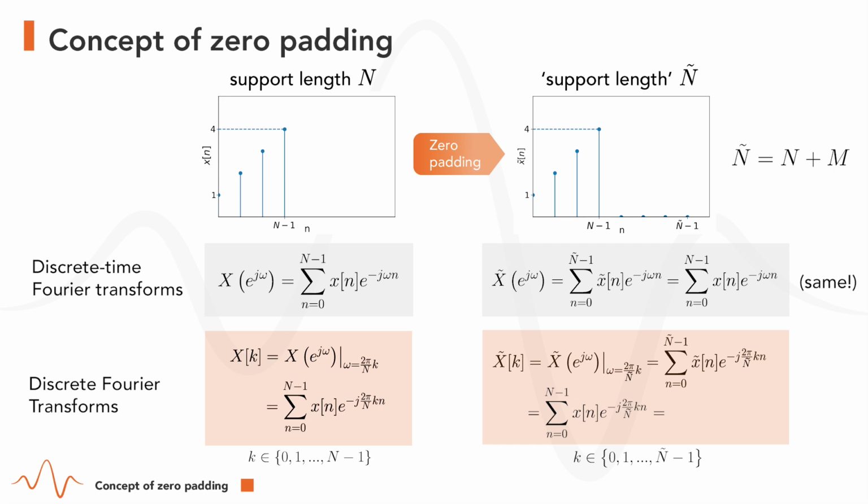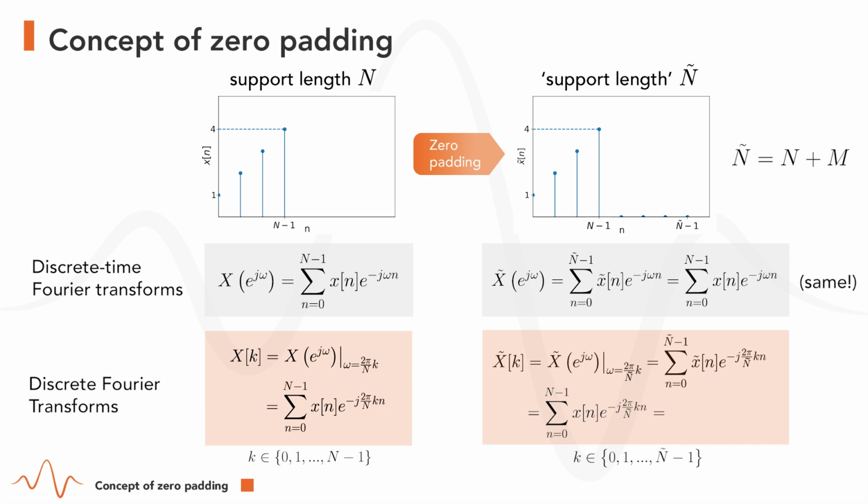This expression is exactly the same as the discrete Fourier transform of the original signal, but capital N is now replaced by capital N tilde, and this should be evaluated from k equals 0 until capital N tilde minus 1, instead of from k equals 0 until capital N minus 1.